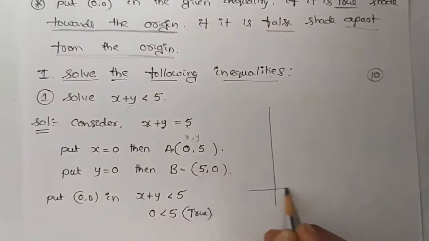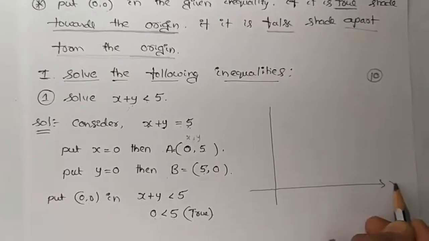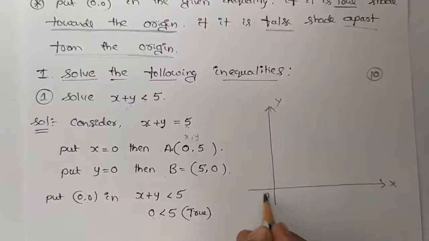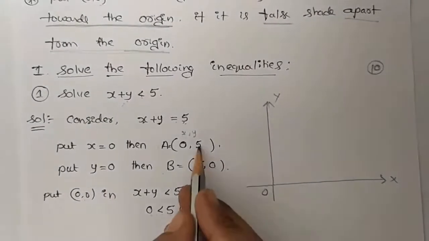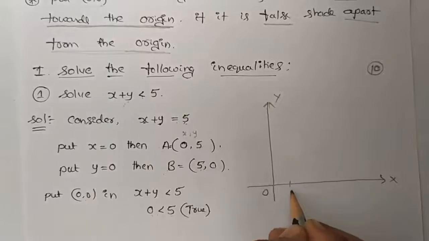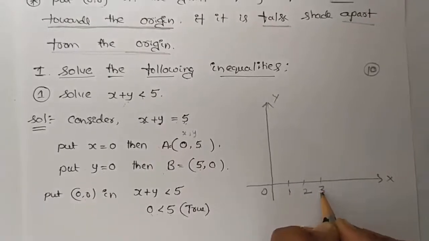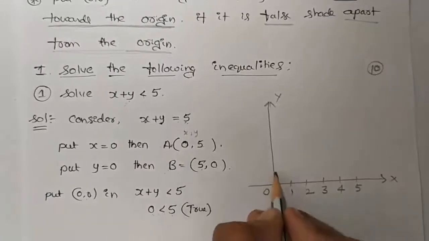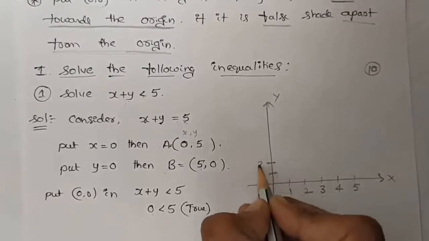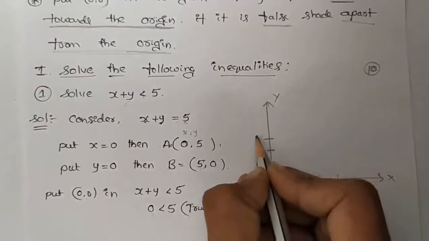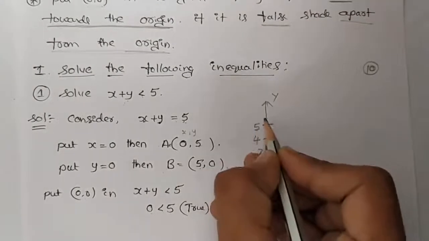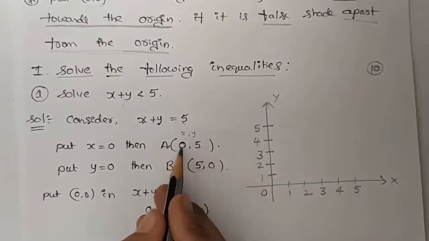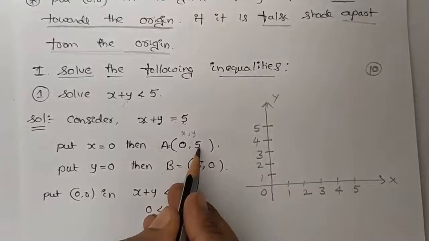Kindly use a scale to draw all these things. X, y, and the origin. X maximum is 5, y maximum is also 5. Mark 0, 1, 2, 3, 4, 5, 6 and so on along both axes. Now, for A, x is 0 and y is 5.